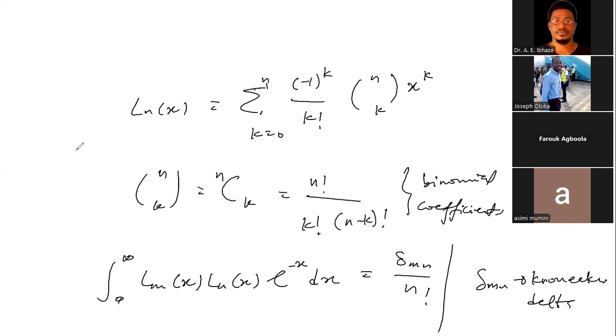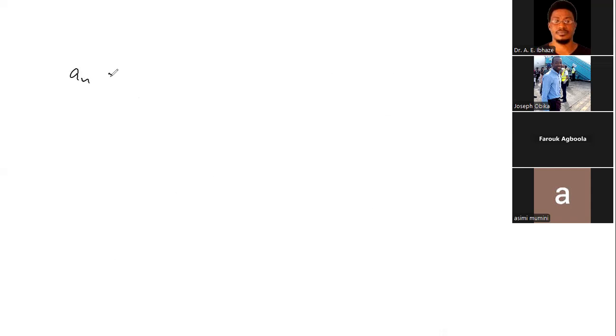And if we also want to compute the coefficients, in this case, then an is the same as n factorial integral 0 to infinity, e to the minus x, Ln of x, e to the minus x dx.